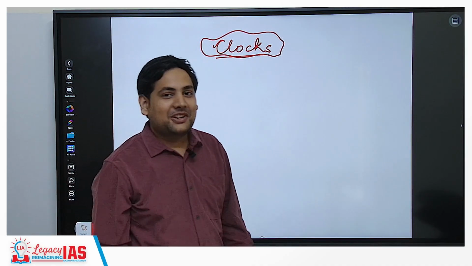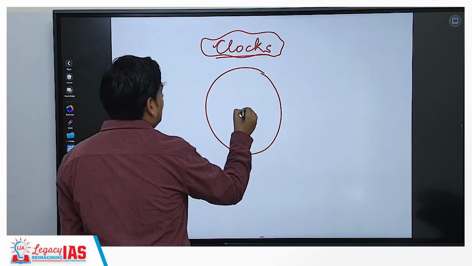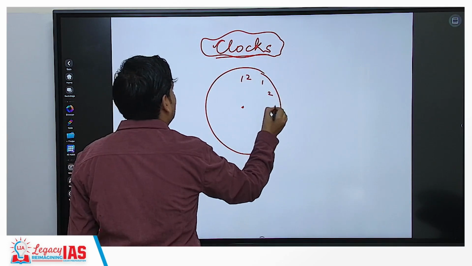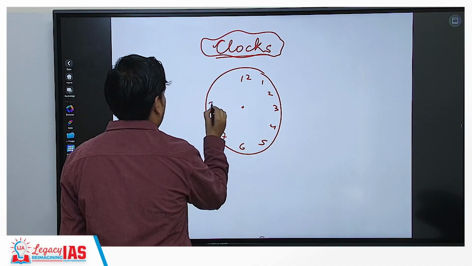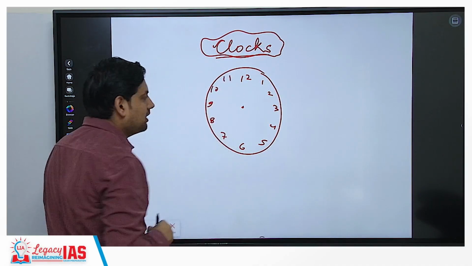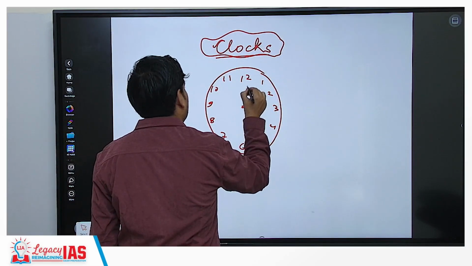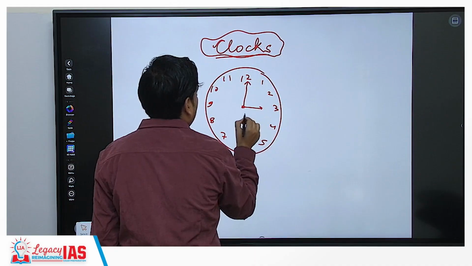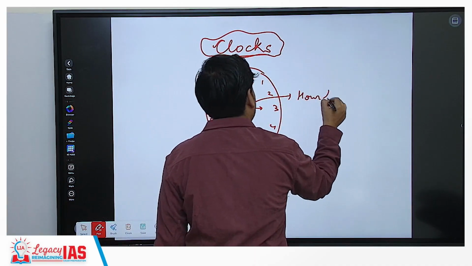Okay, clocks. So, as you might have seen, something like this. This shorter hand is called the hour hand.